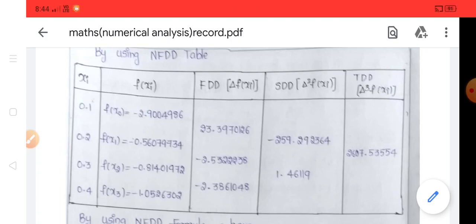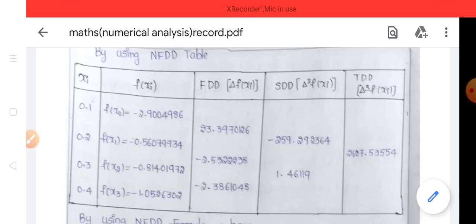Next, minus 0.81401972 minus of minus 0.56079734 divided by 0.1 is equal to minus 2.532238. Next, minus 1.0526302 minus of minus 0.81401972 divided by 0.1 is equal to minus 2.386148.